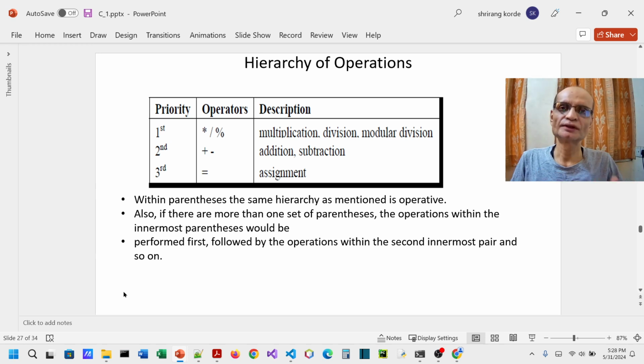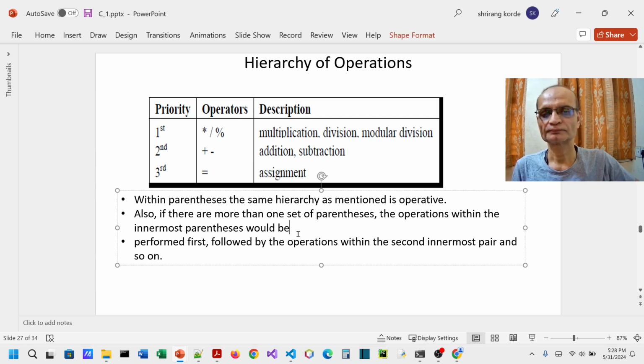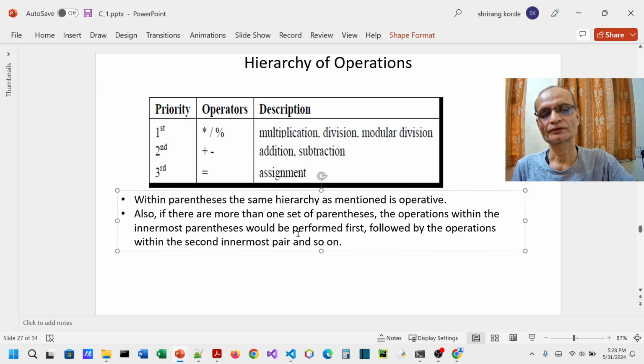Now in case you decide to make use of parentheses or brackets, the hierarchy remains the same. However, if there is more than one set of parentheses, then the operations within the innermost parentheses will be performed first, followed by the operations within the second innermost pair, and so on.